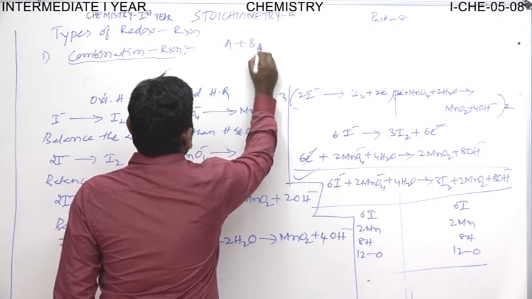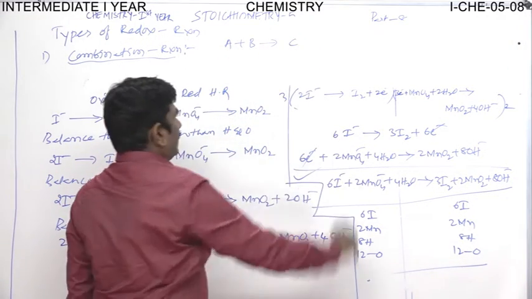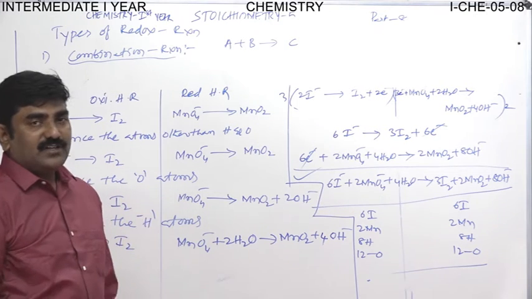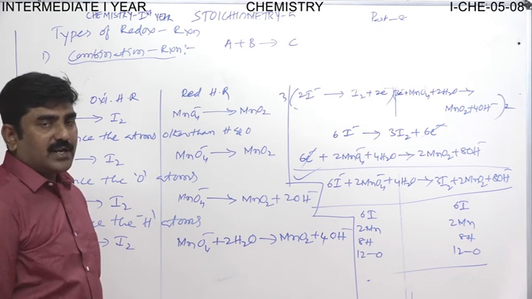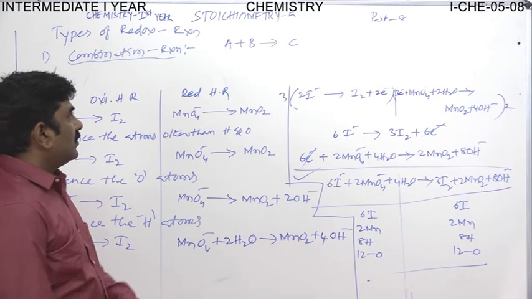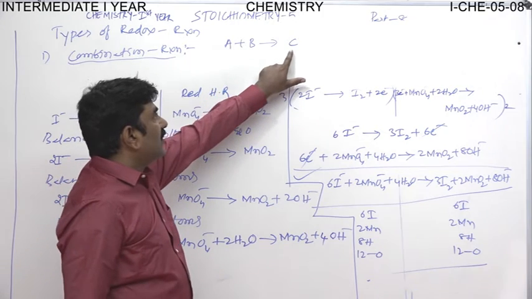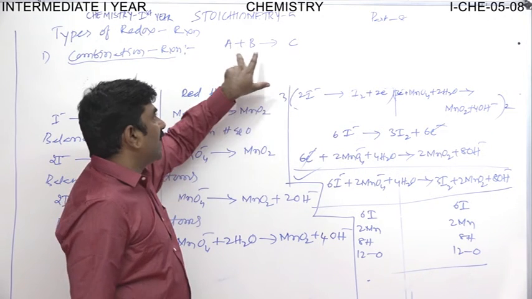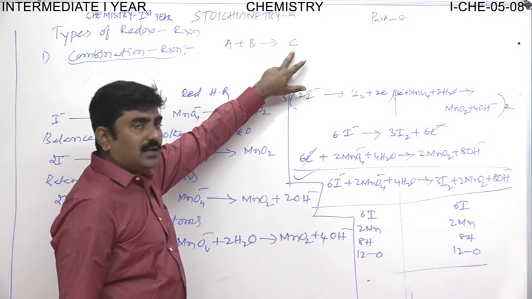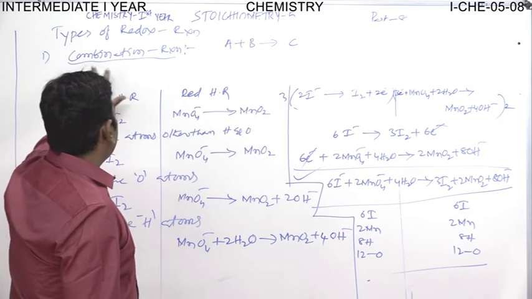A plus B will give C, or you can write AB the product. So two reactants are participating and giving a single compound. So this type of reactions are called as what?